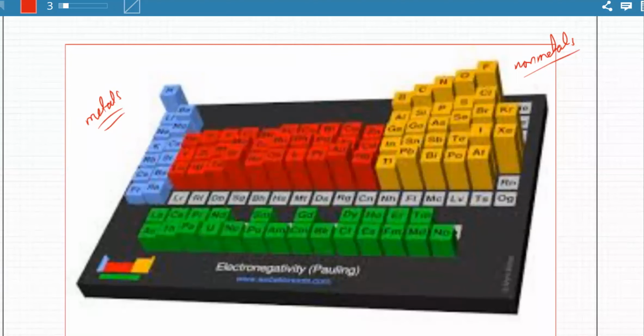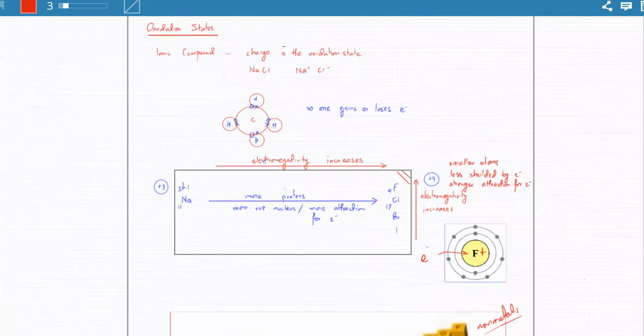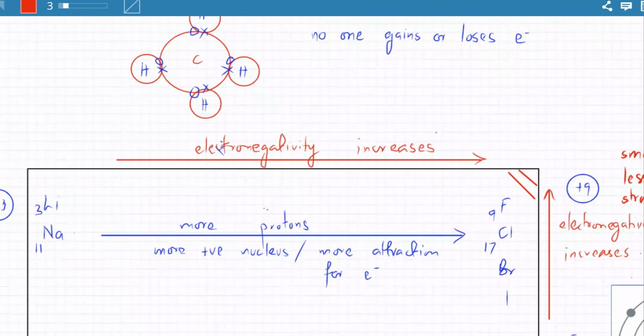Sir, please tell the definition of electronegativity again. The definition: it's the tendency for an atom to gain a shared pair of electrons. Or just the general definition is that the tendency of an atom to gain electrons.